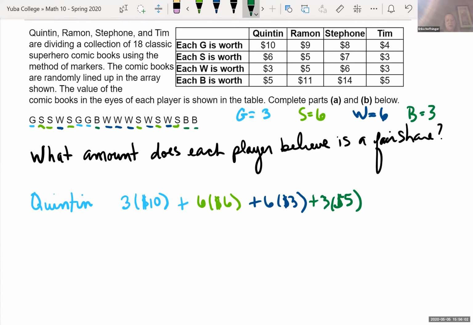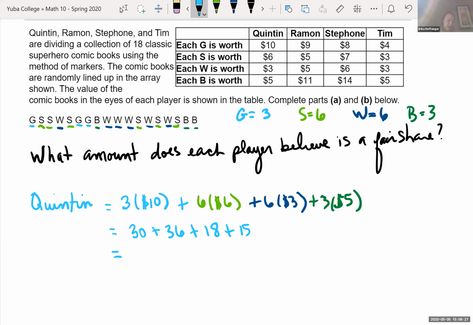Okay, so let's go through and look at the total amount of what he believes the assets are worth, or comic books in this case. We have 3 times $10 is $30, plus 6 times $6 is $36, plus 6 times $3 is $18, plus 3 times 5 is $15.